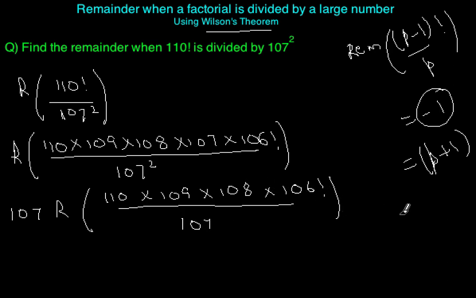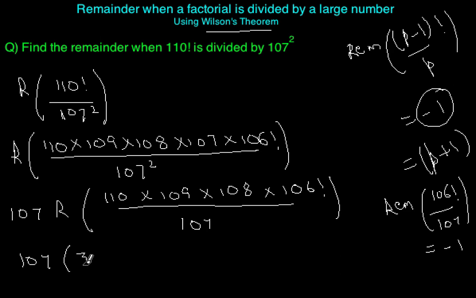Now we know that the remainder when 106 factorial is divided by 107 is minus 1 by Wilson's theorem. So we can separate these remainders out. We'll have 107. The remainder when 110 is divided by 107 is 3. The remainder when 109 is divided by 107 is 2. Similarly, the remainder when 108 is divided by 107 is 1.